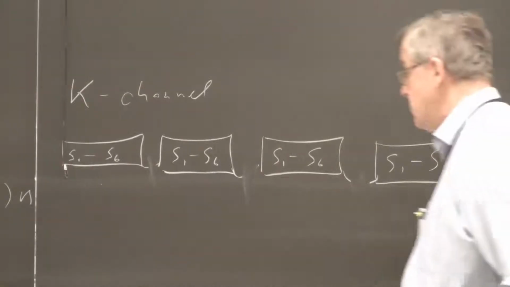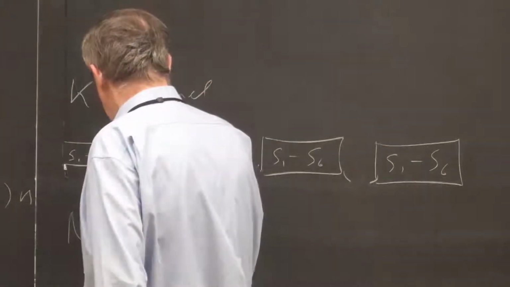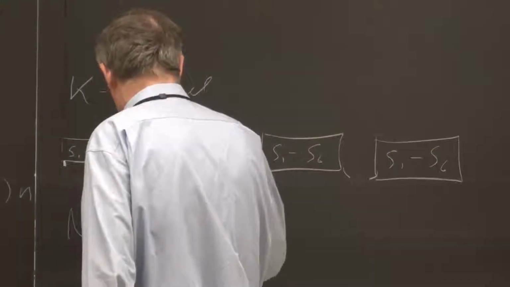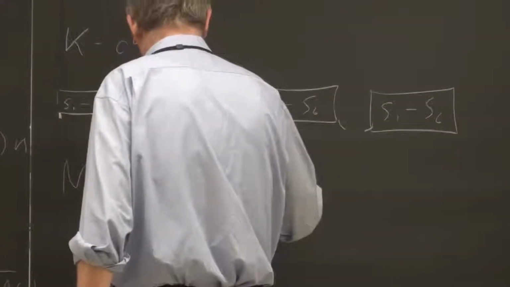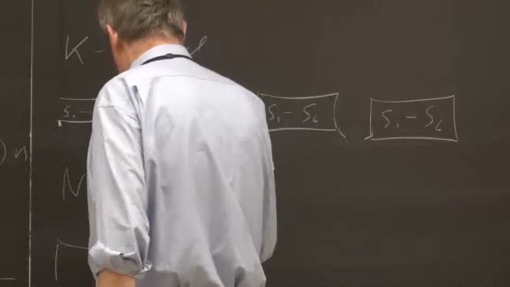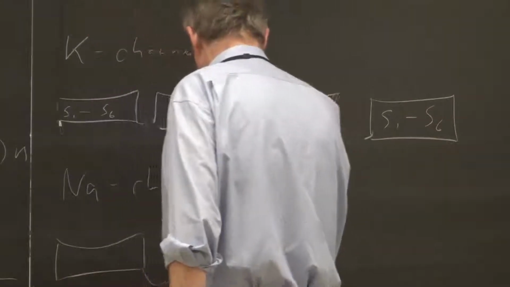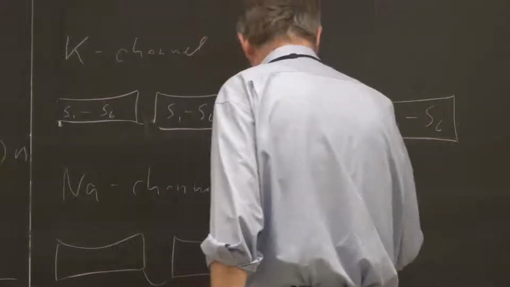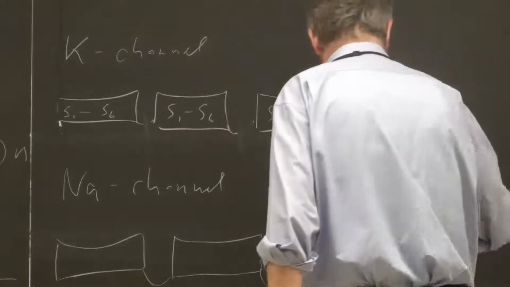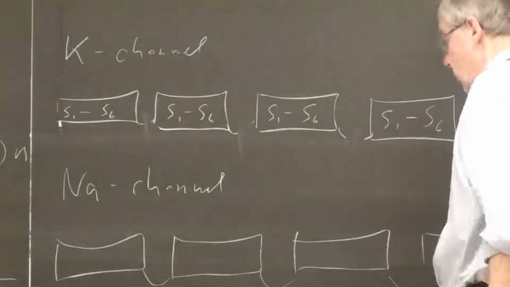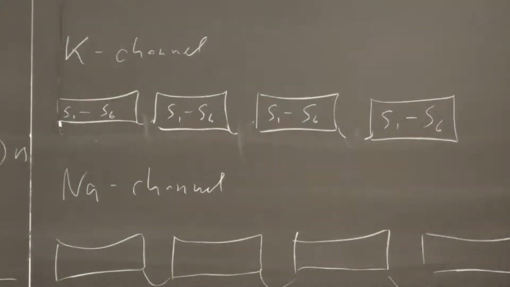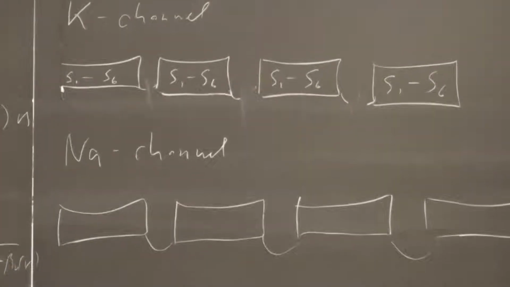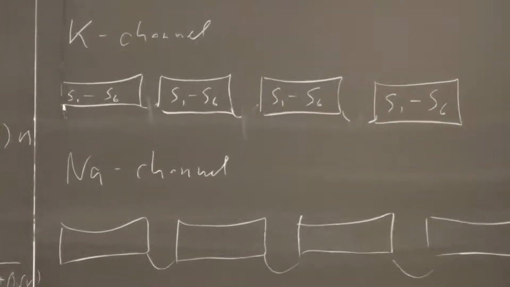Now for the sodium channel, we would expect we cannot do that. So for the sodium channel, we need to put things together like this. And in fact, that's what you find. The sodium channel is 4 times as long, the gene, as the one of the potassium channel.